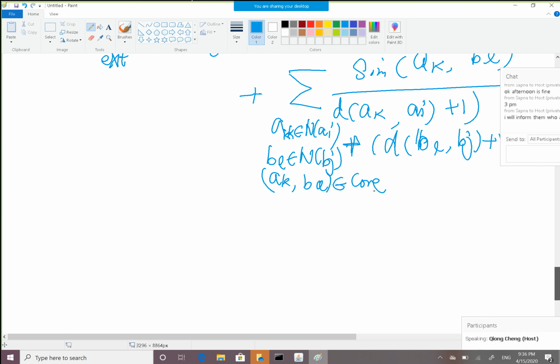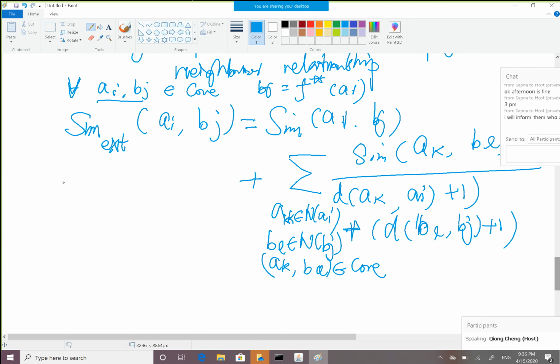And once you find the good mapping of AI and BJ, you take the union, and after that you change the core to be the union of AI, BJ.